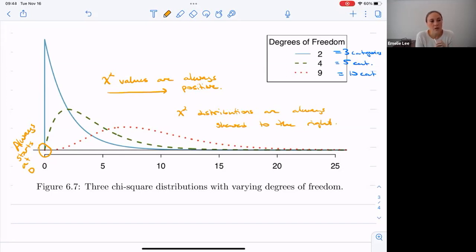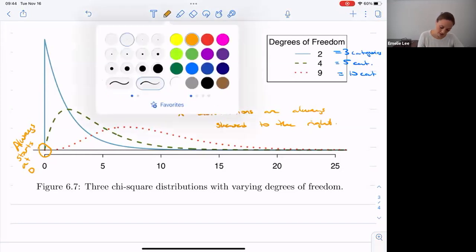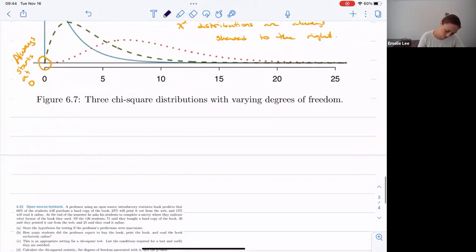So of course, we would use software, and software would just give us the chi-squared value as well as the p-value.